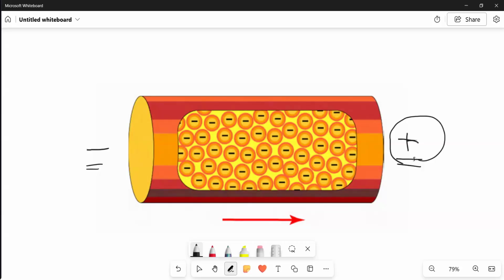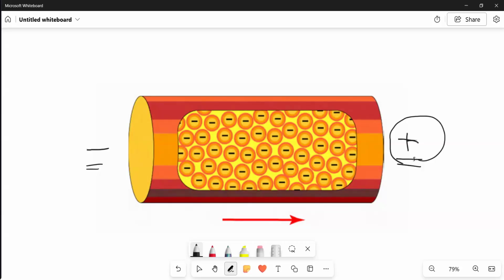Give me one second. It's not allowing me to copy. Why is that? All right, let me snip it.